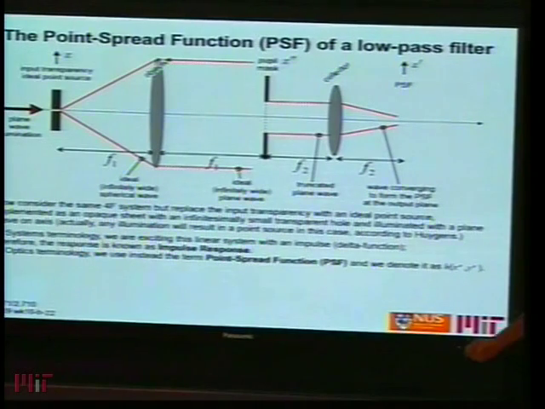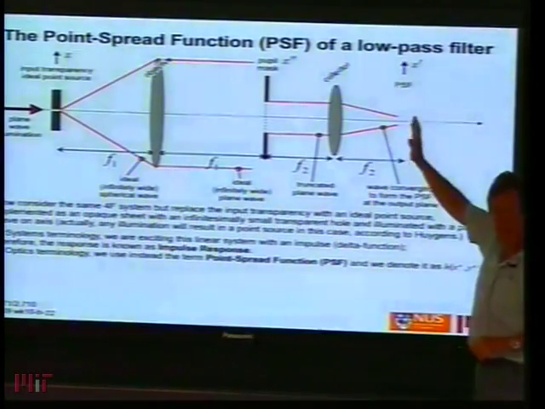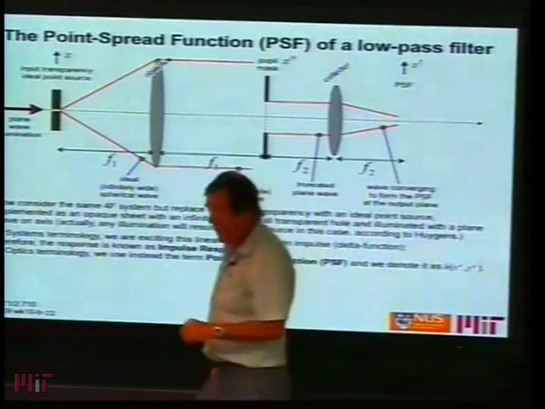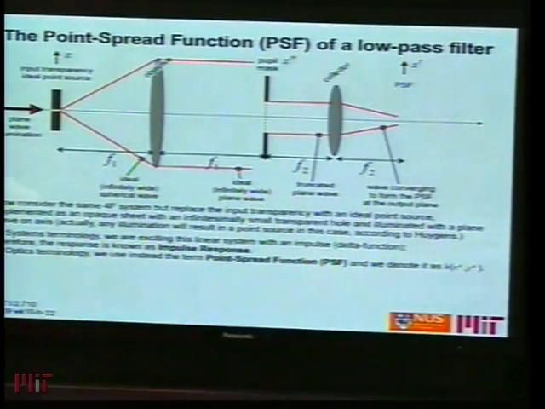So this is our point spread function, and it's denoted little h of x dash y dash. This is the x dash y dash plane. I guess this terminology, little h, seems to be pretty universal. Goodman, I think, uses that and other places, right?